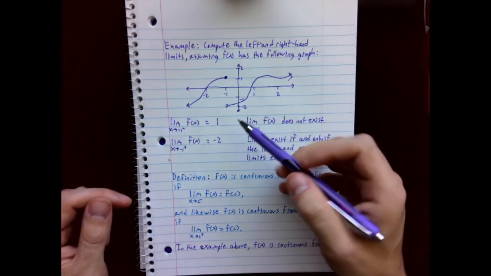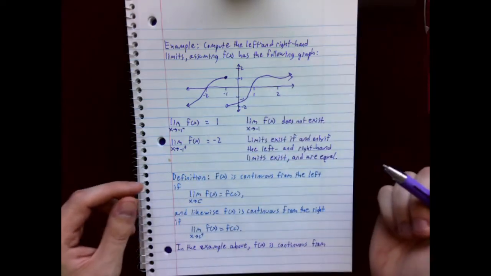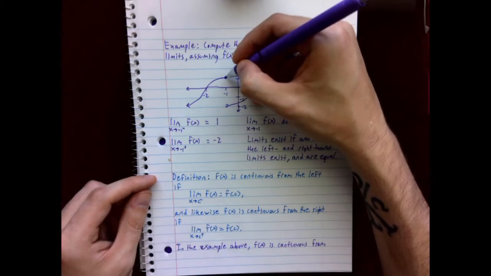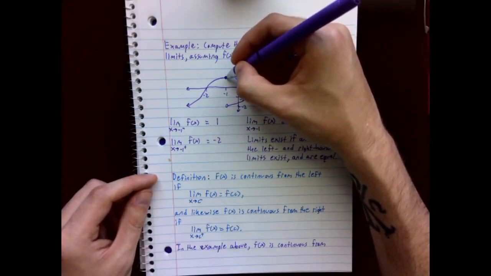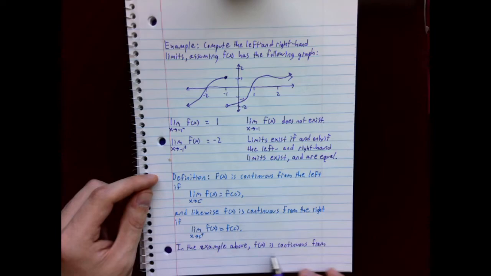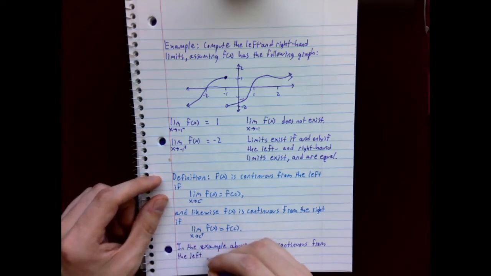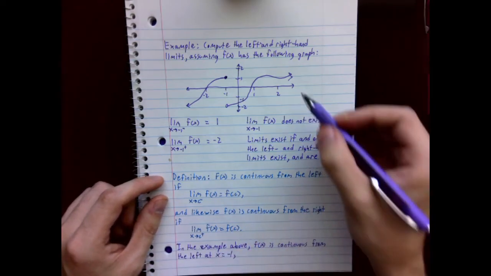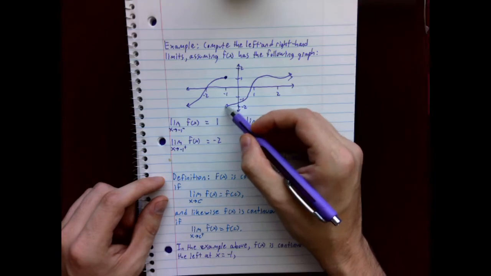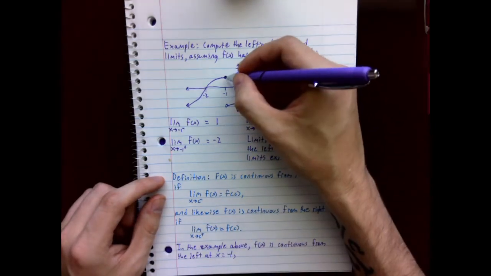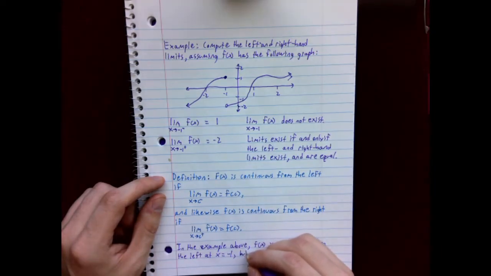Which side is the continuity actually on? Well, as I approach from the left, I actually attain the value that I am expecting. So in this example, f of x is continuous from the left at x equals -1, but it is not continuous from the right. I do not attain this value. I jump up to here, and that's where the function is actually defined. So, but not from the right.